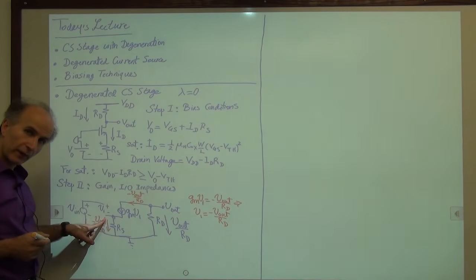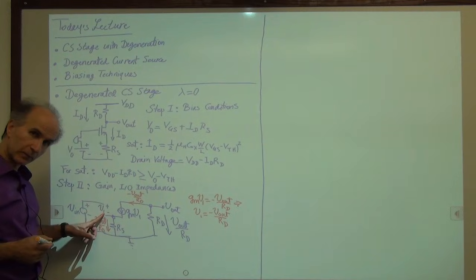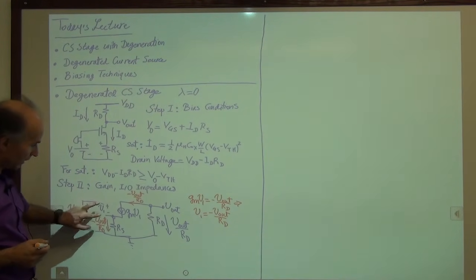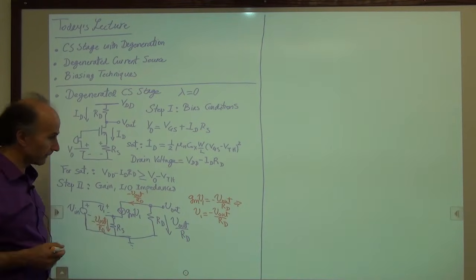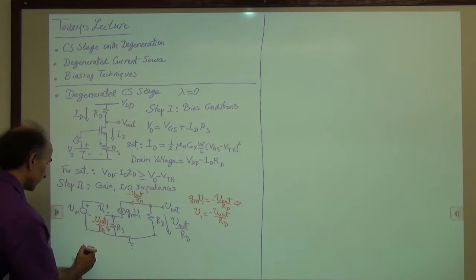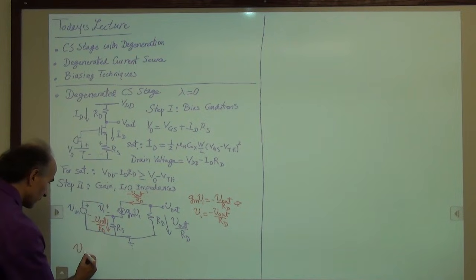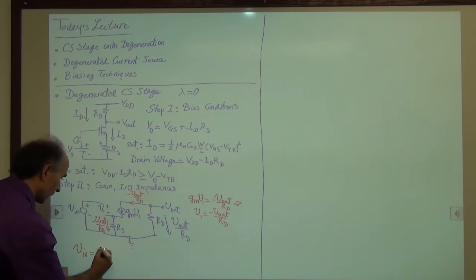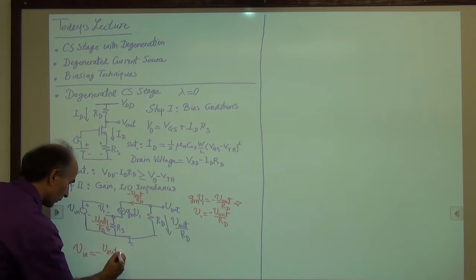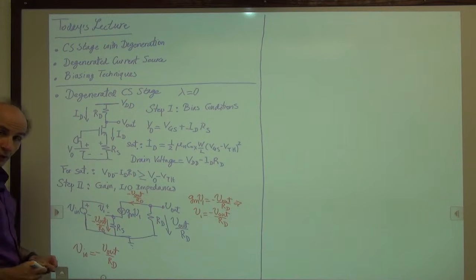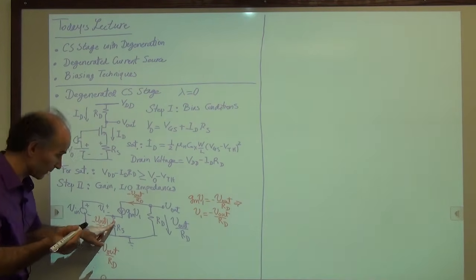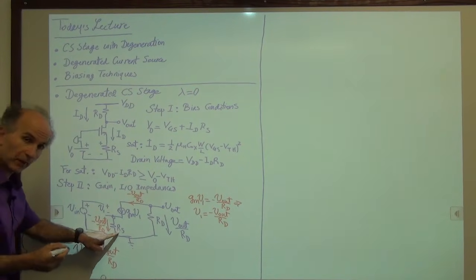Let's go ahead and write a KVL around this loop. We say V in is equal to this voltage plus this voltage, right? So we say V in is equal to this voltage, which we have, minus V out over GMRD, plus this voltage, which is equal to the current through RS multiplied by RS.